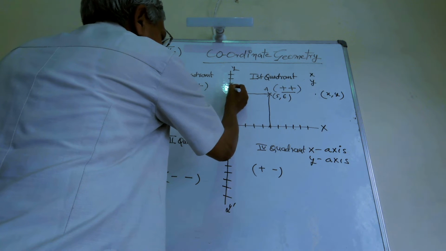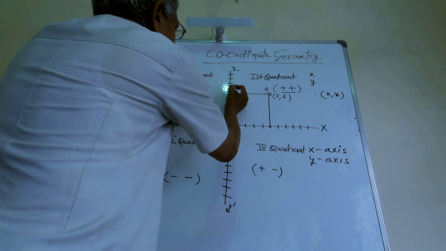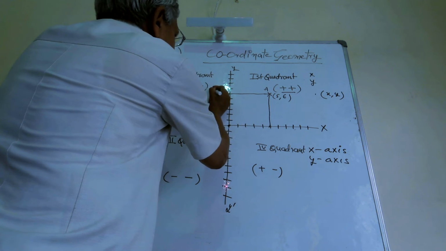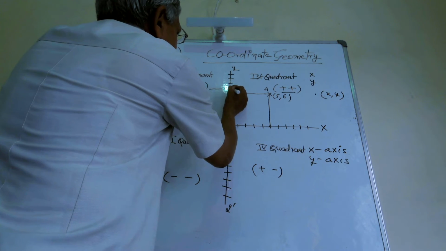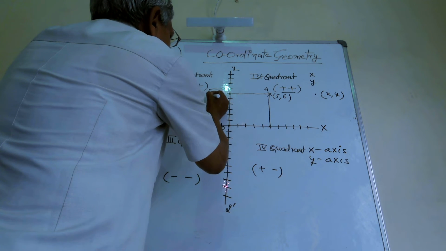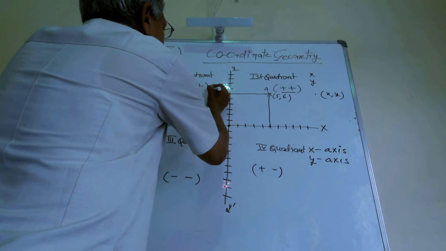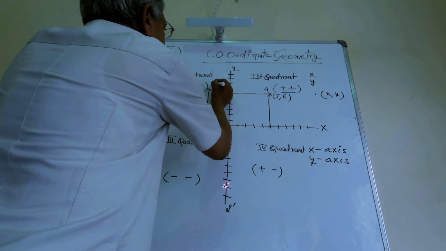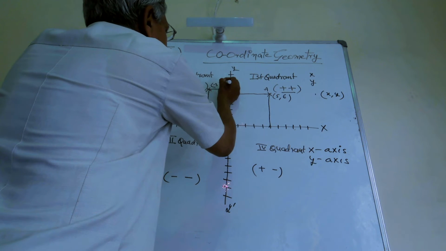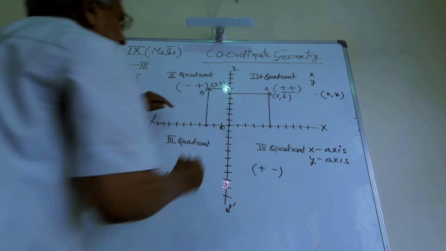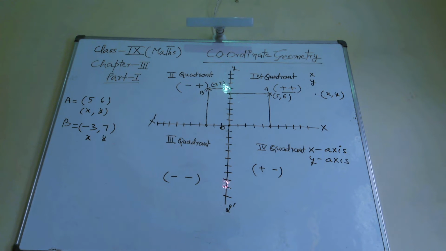This is 7. This is 3. Take the perpendicular distance. Now this is the point, and the coordinates of this point are (-3, 7), and this is the B point. This is the position of B point. B point lies in the second quadrant.